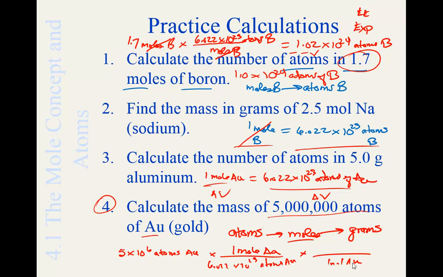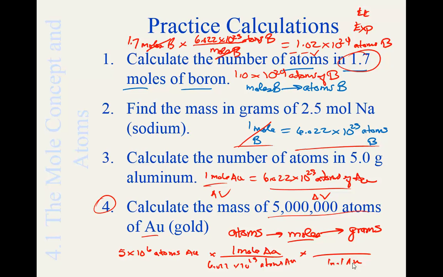Now, that is, if we were talking about 1 atom of gold, in atomic mass units. But now we're talking about Avogadro's number, 6.022 times 10 to the 23rd atoms of gold.